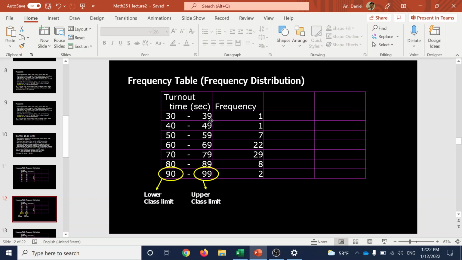But if you think about it, there are cases where you have response time measured as 39.5. Actually, I think in the data there's one that has like 69.5 in there. Now, if you have the value of 69.5, where should you put that?